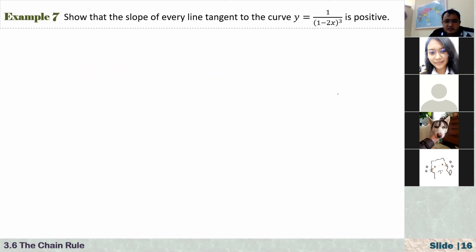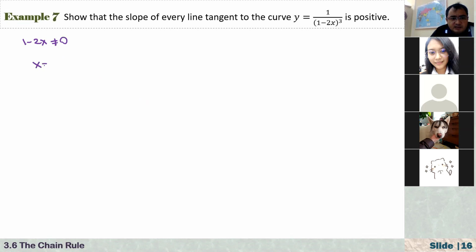And the last example, and after that I will finish this week's class: show that the slope of every line tangent to the curve y equals 1 over 1 minus 2x to the power of 3 is positive, right? So we need to show that the slope of every line tangent to the curve is positive. And of course, from here, 1 minus 2x cannot be equal to 0.